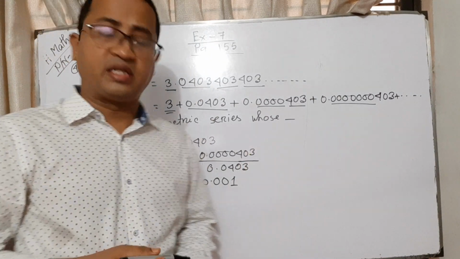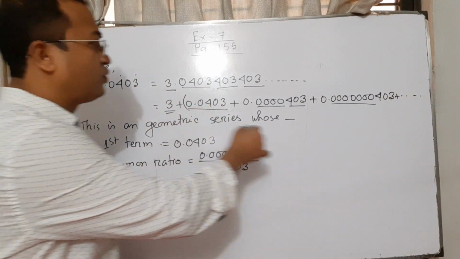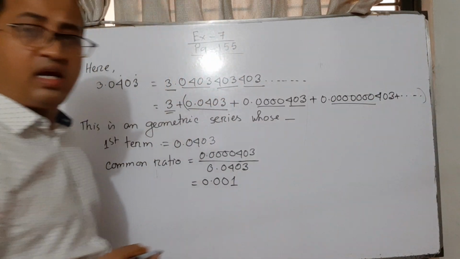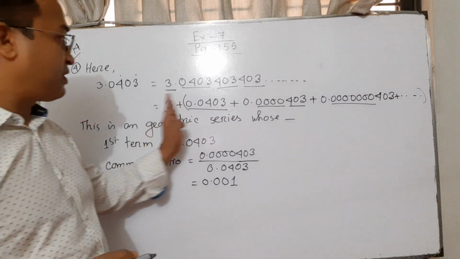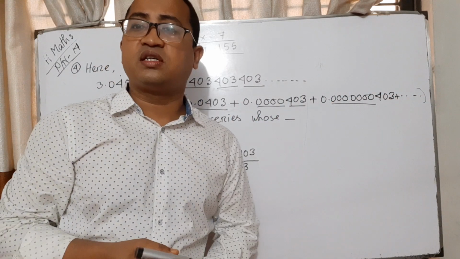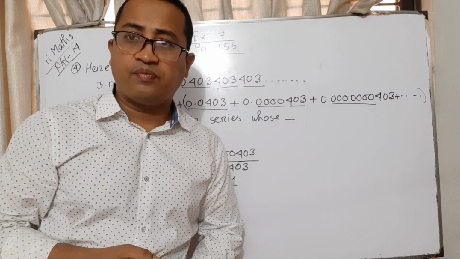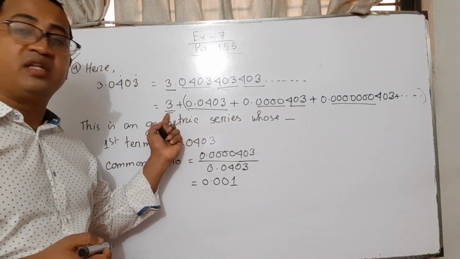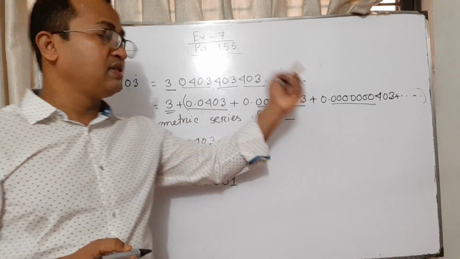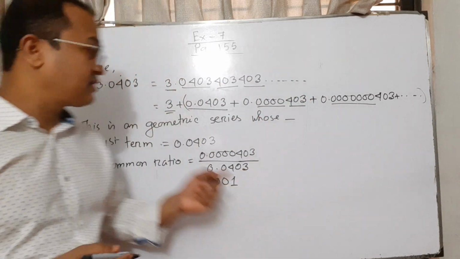This is a geometric series up to n terms. Not this 3; after the 3, this portion is a geometric series of n terms. If we find the sum of this series and add 3 to it, we will get the sum of this repeating decimal.